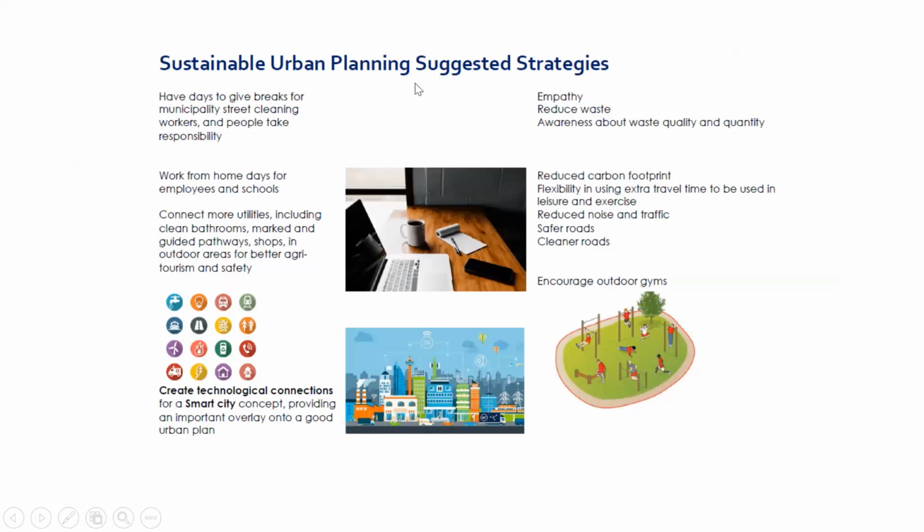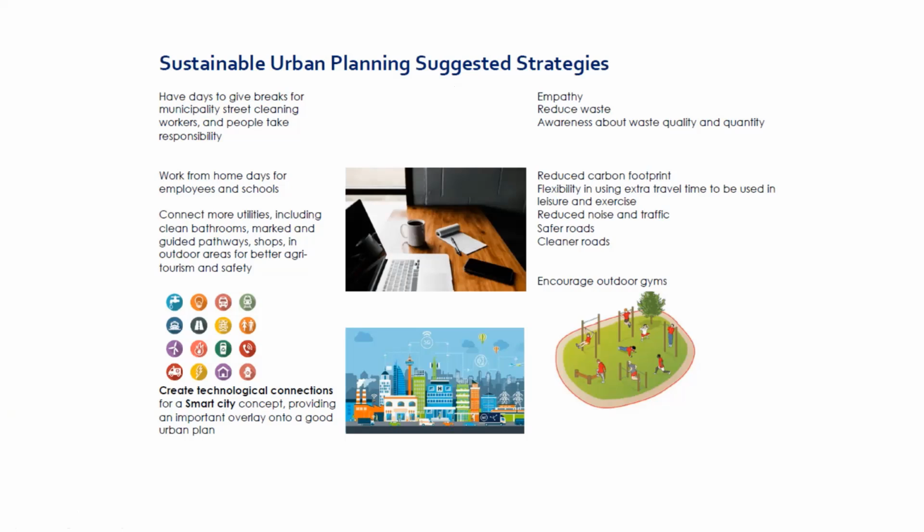Some examples of sustainable urban planning strategies: we can have days where people go and clean their streets, and the municipality people take a break. So this will create empathy, will reduce waste, and there will be more awareness about waste quality and quantity.